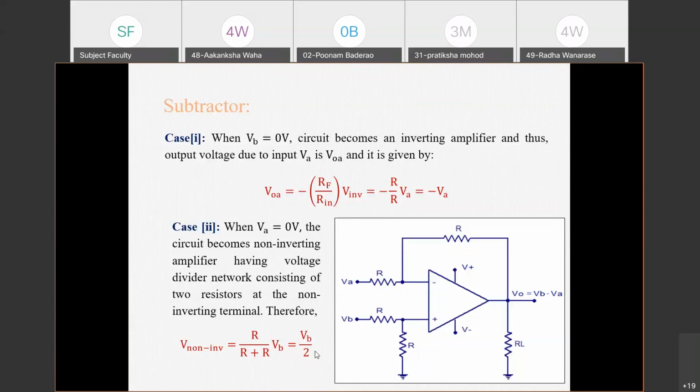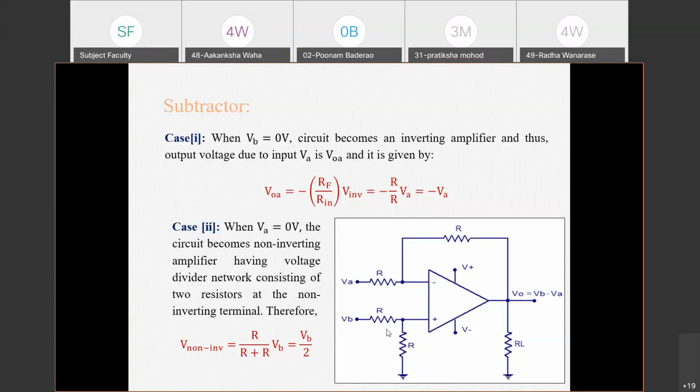Is there any doubt in case number 2? If there is any doubt, then you can ask me. This is a very important point. For simplification, you can just remember it like this. This is a voltage divider network. So what will it do?